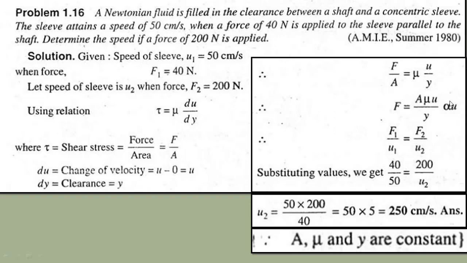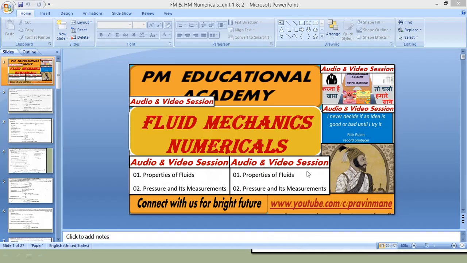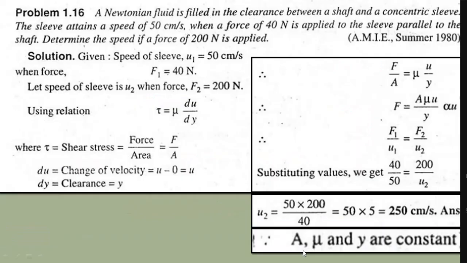This is the proportionality sign, and this constant A mu divided by y is represented by alpha. So F is equal to alpha u, or F divided by u is equal to constant.